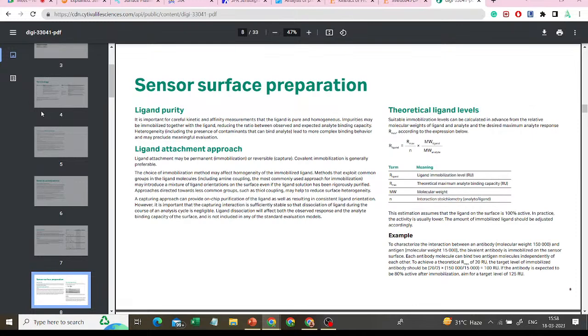So this is your theoretical ligands. So what suitable immobilization levels can be calculated in advance from the relative molecular weights of your analyte. So remember this concept and this formula.